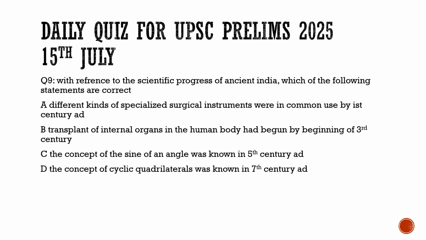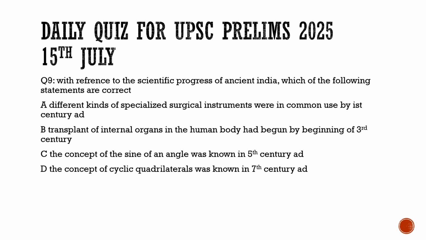Coming to question number 9, let's see what it asks. It says with reference to the scientific progress of ancient India, which of the following statements are correct? Statement A, different kinds of specialized surgical instruments were in common use by the 1st century AD. 100% true. Statement B, transplant of internal organs in the human body had begun by the beginning of the 3rd century.